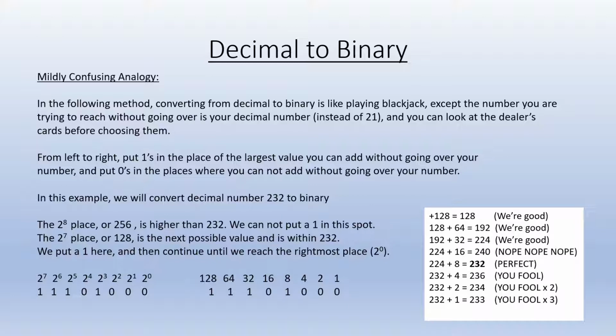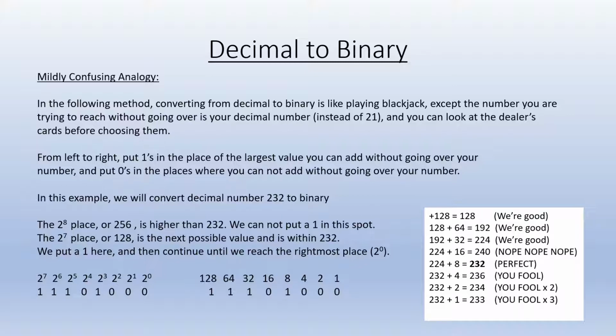So with the method I use, converting from decimal to binary is like playing blackjack, except the number you are trying to reach without going over or busting is your decimal number instead of the number 21. And you can look at the dealer's cards before choosing them, so you know what cards you're picking.